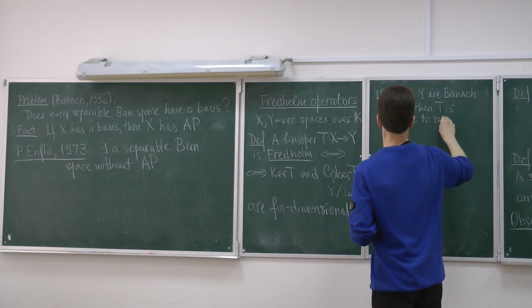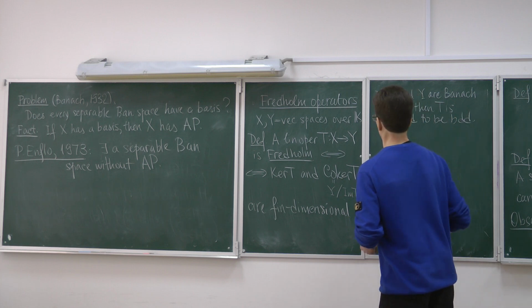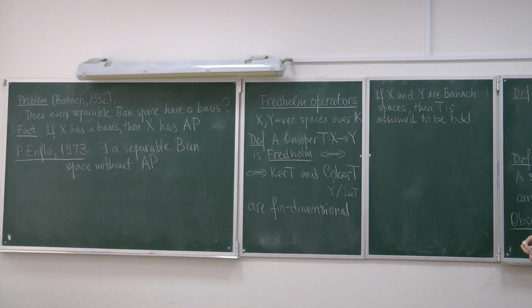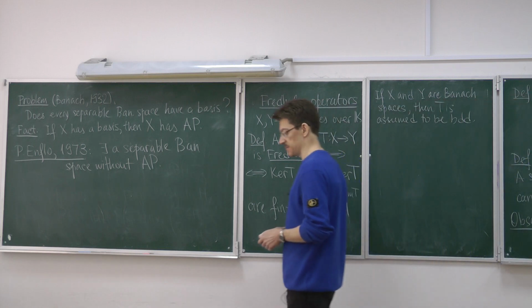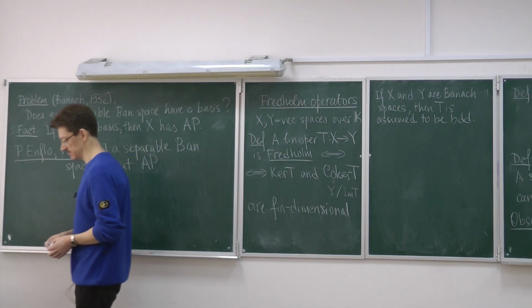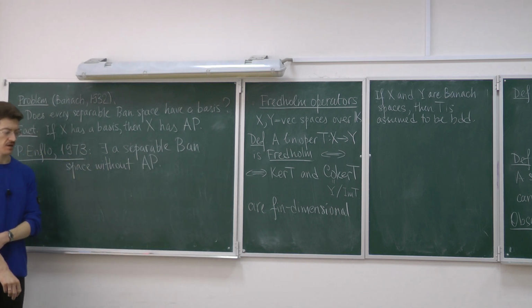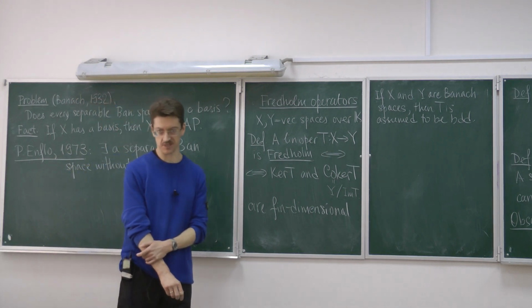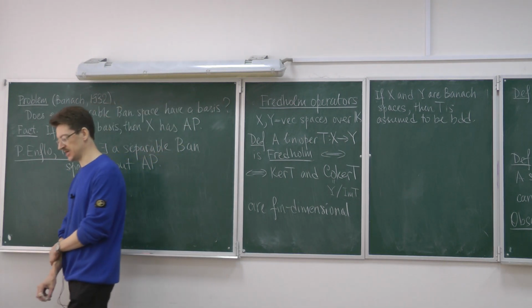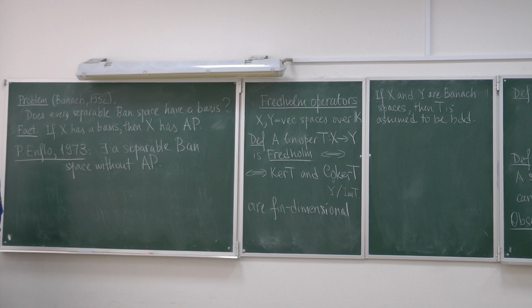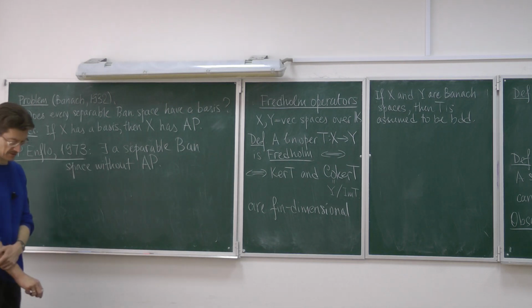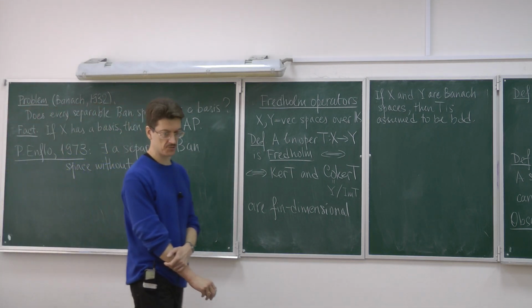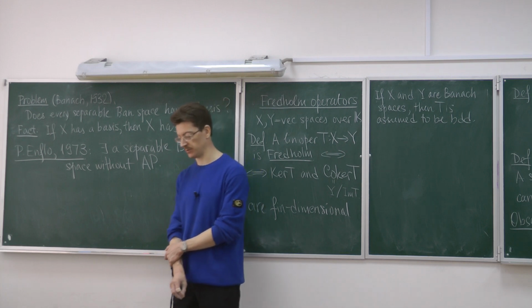I'll explain this. These operators are named after Ivar Fredholm, a Swedish mathematician who actually had no idea about linear operators and vector spaces. He worked at the end of the 19th century or at the beginning of the 20th century, and he worked on integral equations.